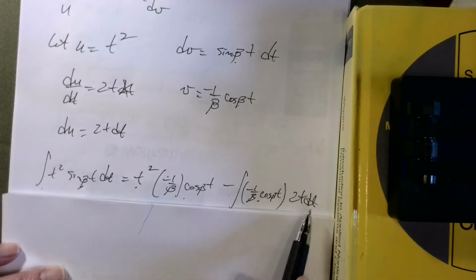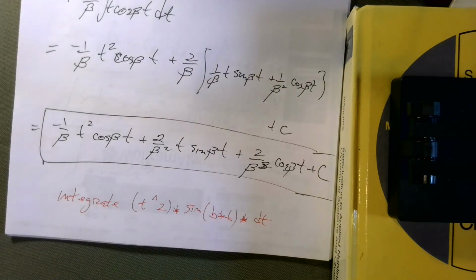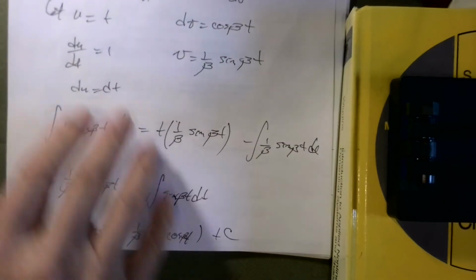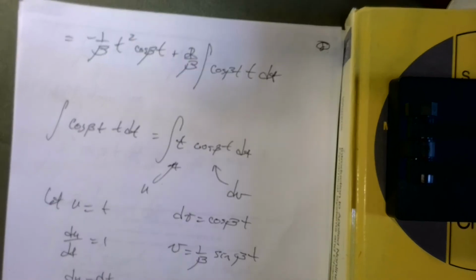So now we can pull out the 2's and rearrange a little bit. So we just do a little bit of algebra to simplify things.